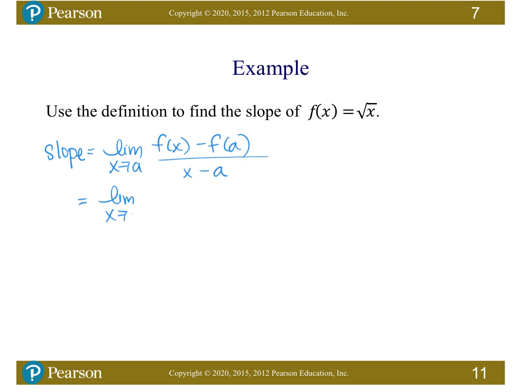All right, for this problem, it is square root x minus square root a over x minus a. Which is 0 over 0 if I would plug in a. Which means this has to be factored somehow.